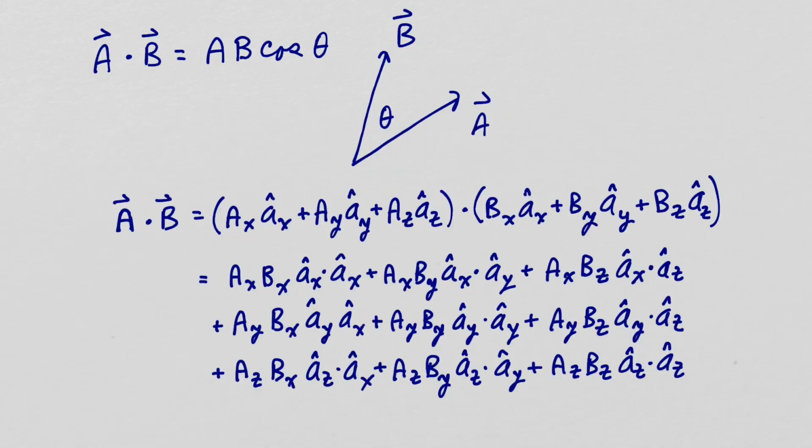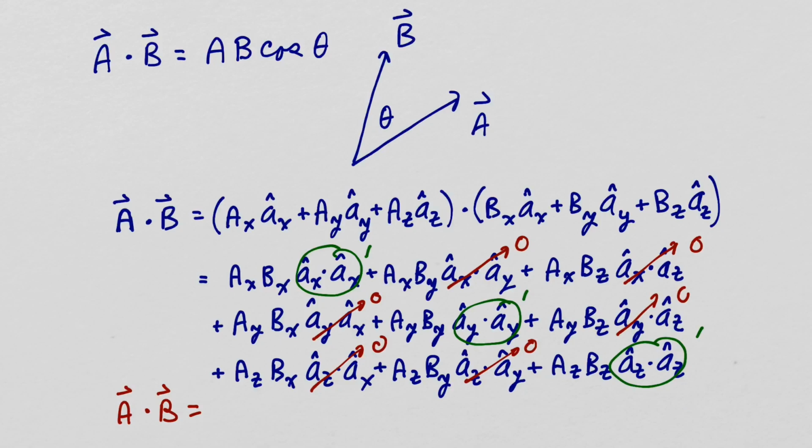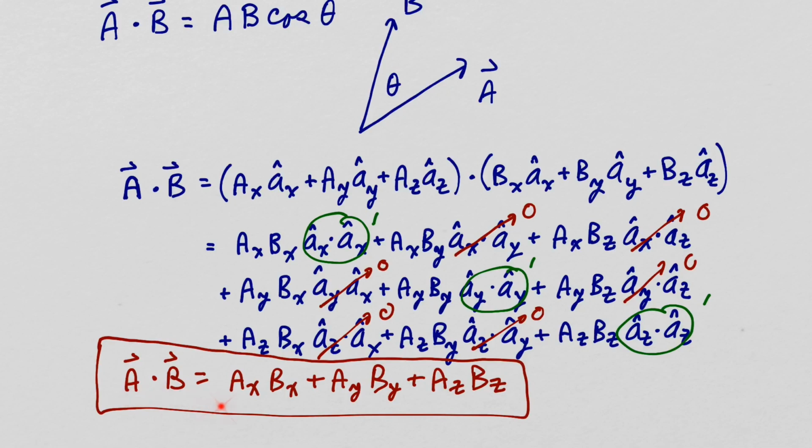The dot product between any two different unit vectors is 0, so these terms are all 0. These remaining dot products here are going to be 1. So the result for A dot B will be Ax Bx plus Ay By plus Az Bz. So here's how you would take the dot product if you have your two vectors in component form.